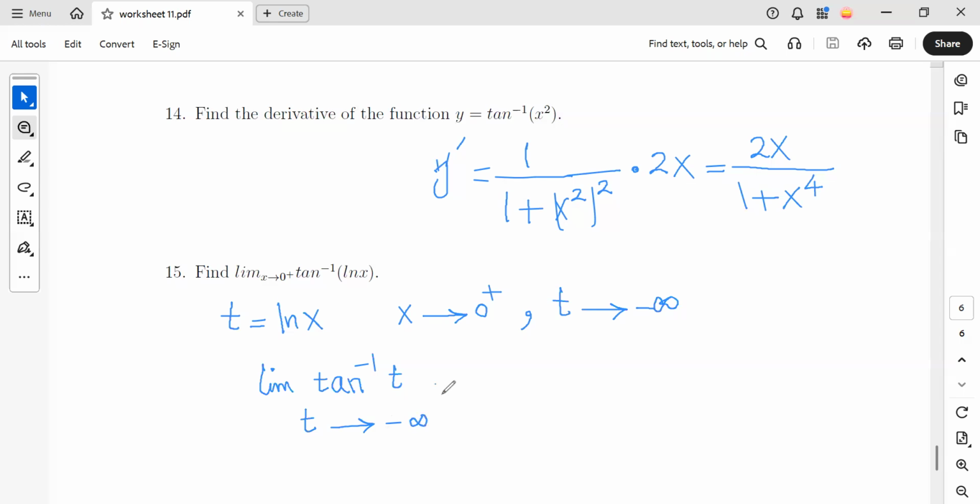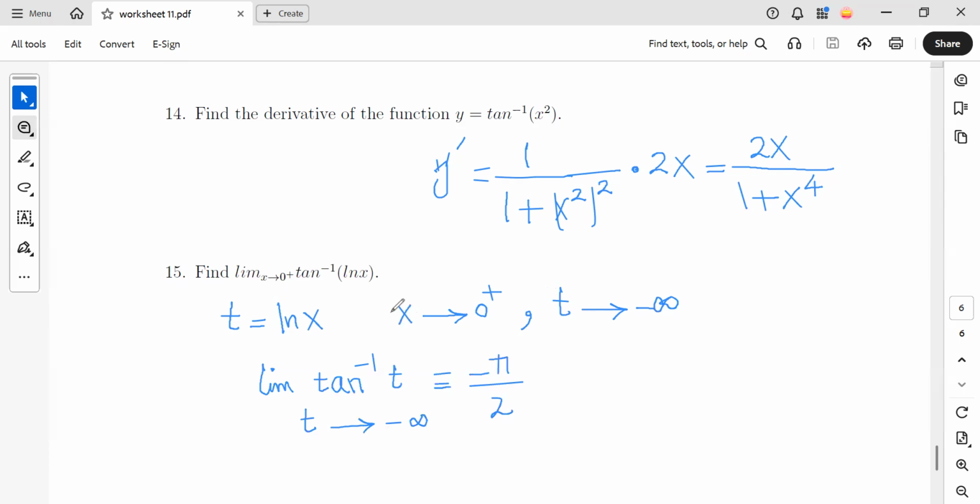So using the graph, when t is approaching negative infinity, tangent inverse will be approaching negative pi over 2. Okay, for this one, I think I said it wrong. It is not about tangent here.